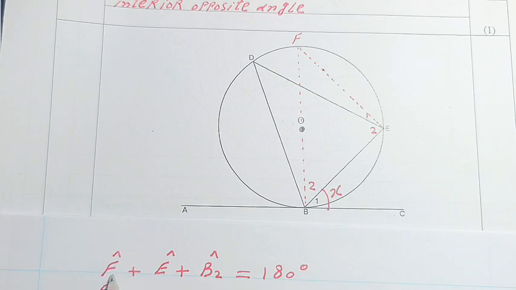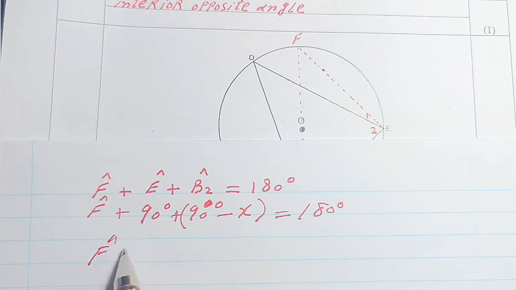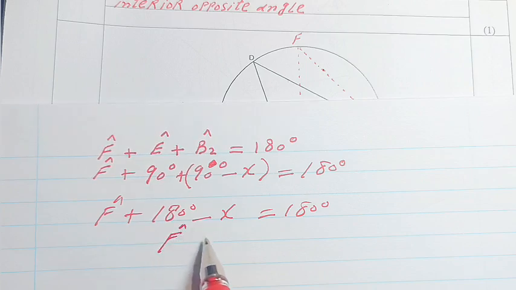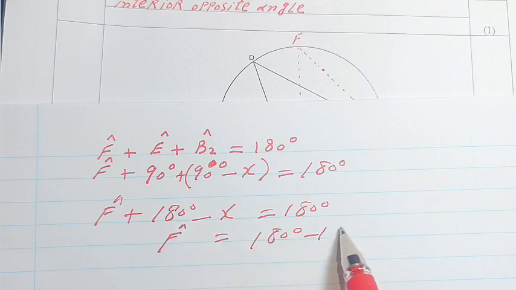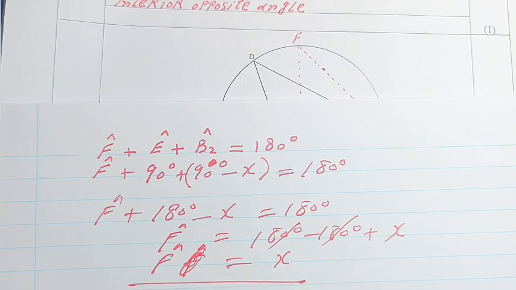Angle F we don't know, angle E we know is 90 degrees, and angle B2 is 90 degrees minus x, equal to 180 degrees. Now 90 plus 90 is 180, so angle F plus 180 minus x is equal to 180 degrees. Positive 180 becomes negative and cancels, the negative x becomes positive, so we are left with angle F equal to x. That's how we get angle F is equal to x.